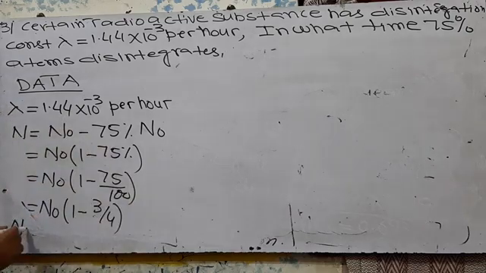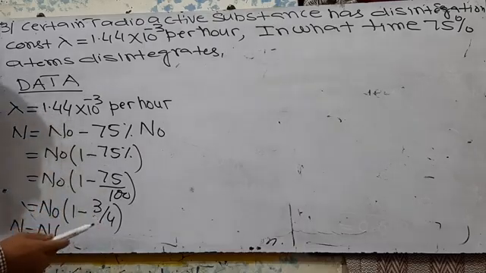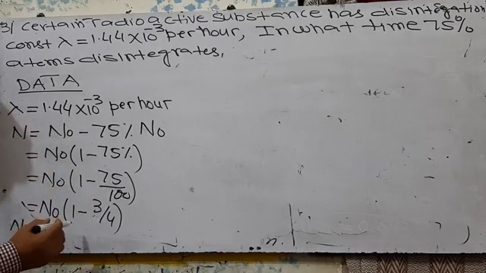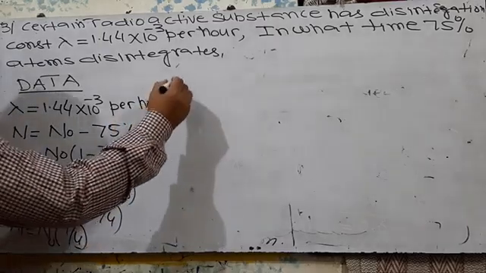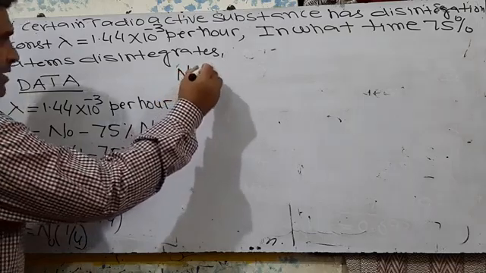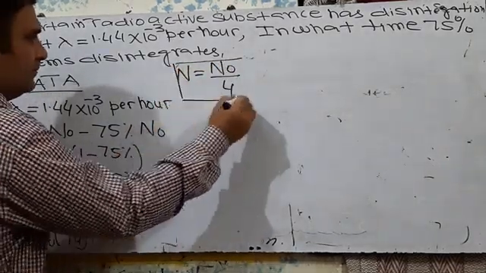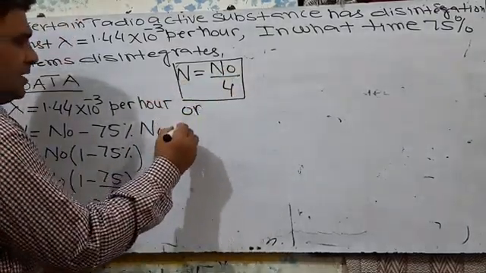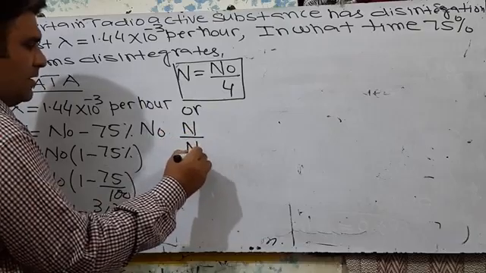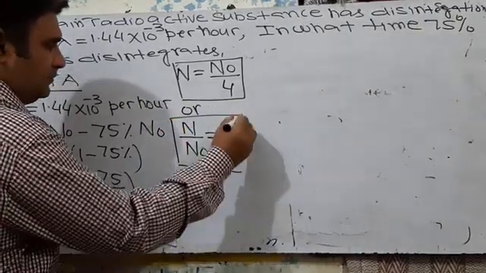So N will be equal to N0 upon 4, or N upon N0 is equal to 1 upon 4.